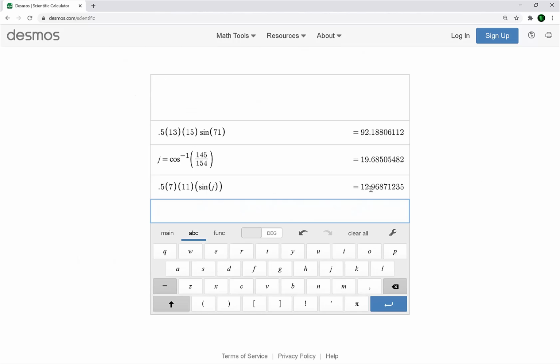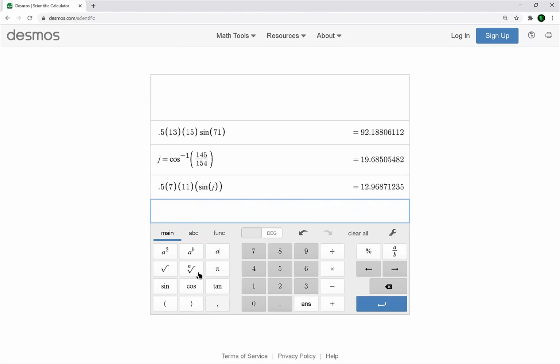So here's my answer that I want to get. Can you guys see that? 12.9687. And let's see how good he is. I'm going to go square root, and I'm going to type in 11.5 first, the way that I wrote it in our notes. 11.5 minus 11, close, open. 11.5 minus 7, close, open.